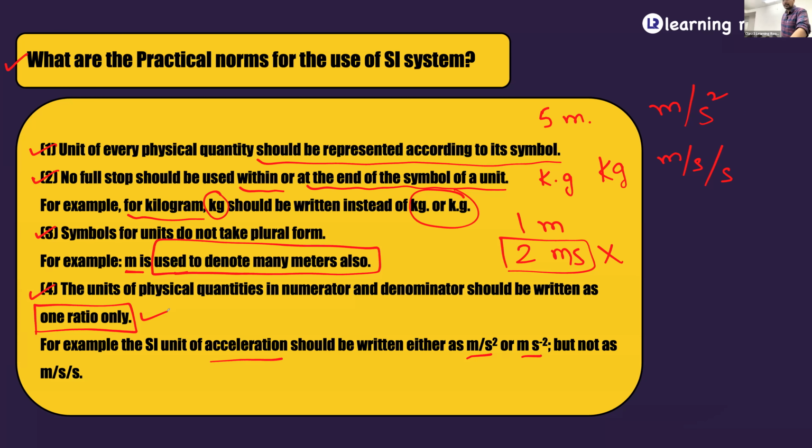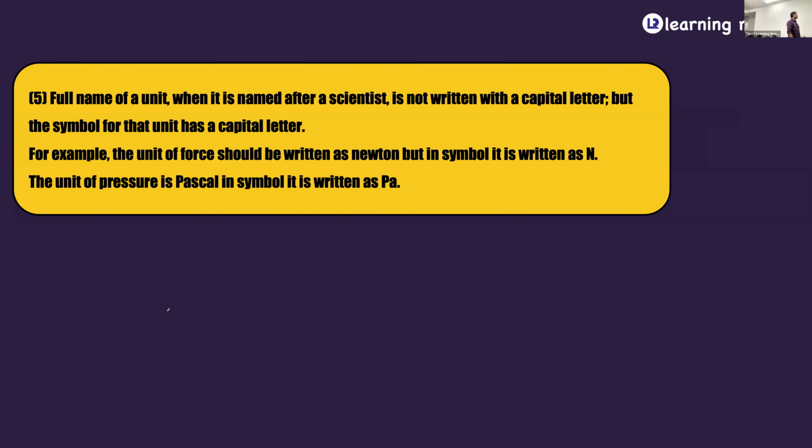Clear? The next point we need to keep in mind is if you write the full name of a unit, for example meter, rather than the symbol m. Even if it is named after a scientist, you should not write it in capital, because here we are not following any grammar rules.